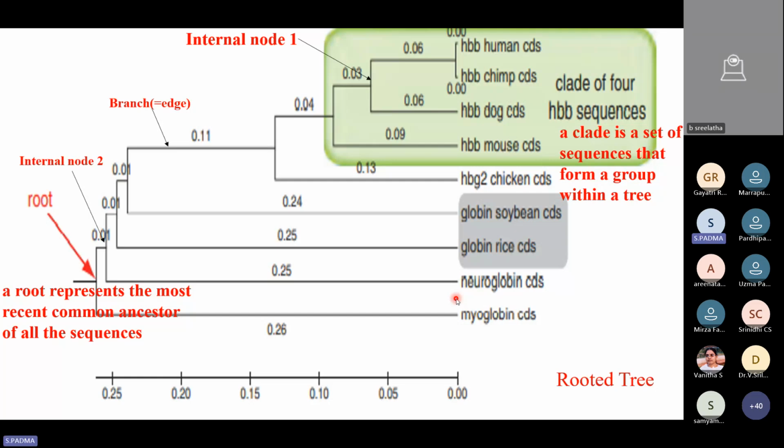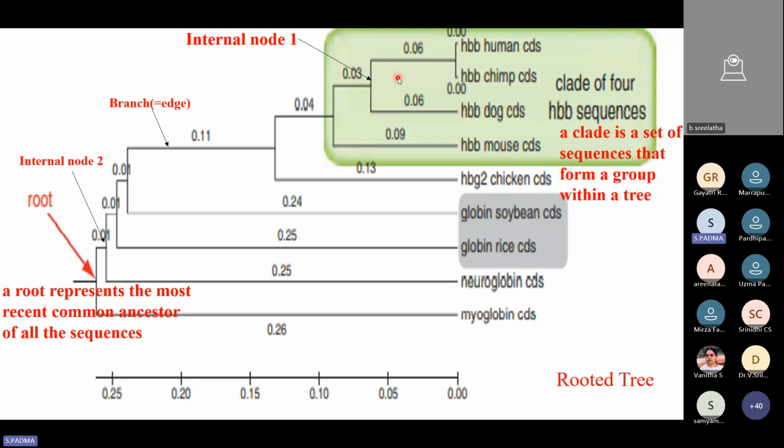Now you can see there are some numbers depicted on these branches. As we have seen earlier, all these are put into one clade. So what is a clade? A clade is a set of sequences that form a group within a tree. Why are these forming a group? You can see the branch length here.